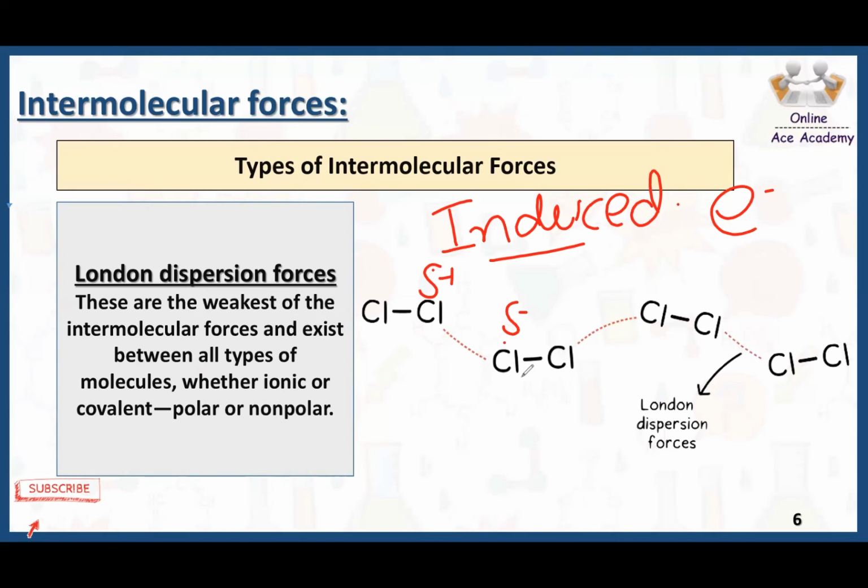That is why it's a temporary induced dipole, and due to that, there is attraction between this chlorine and this chlorine, and there is a force between them, and this intermolecular force is called London dispersion force, and this is temporary. That is why these intermolecular forces are considered the weakest intermolecular forces.